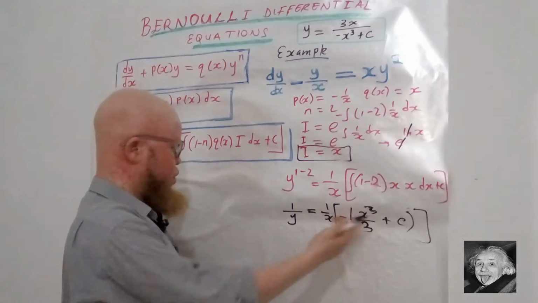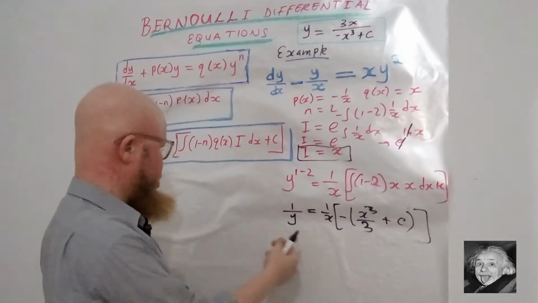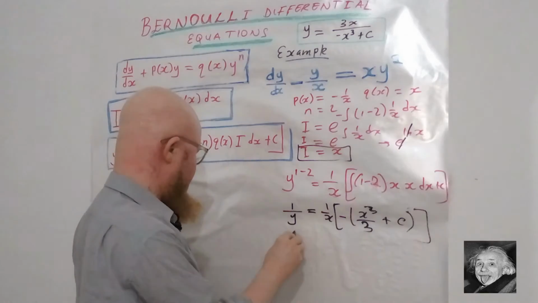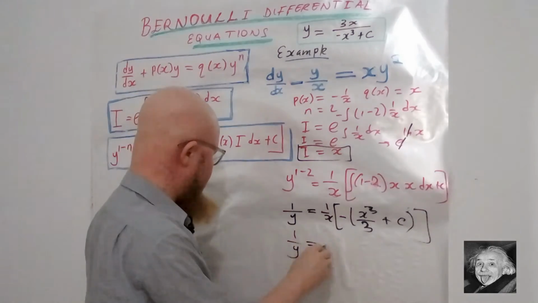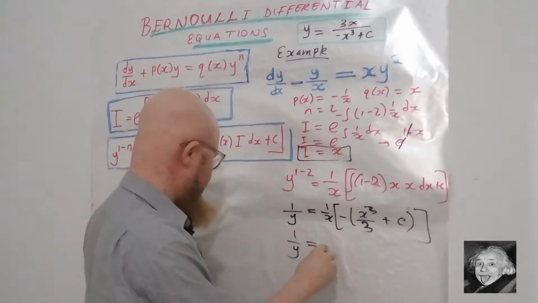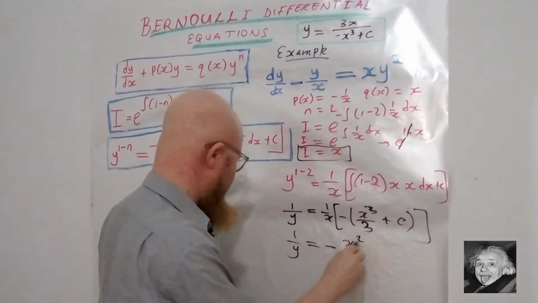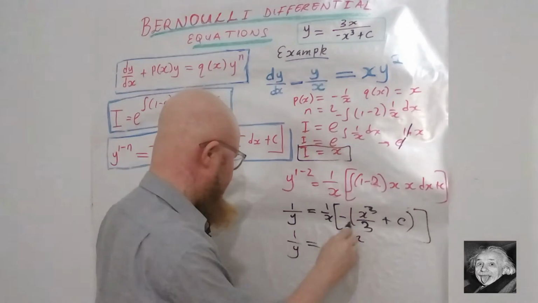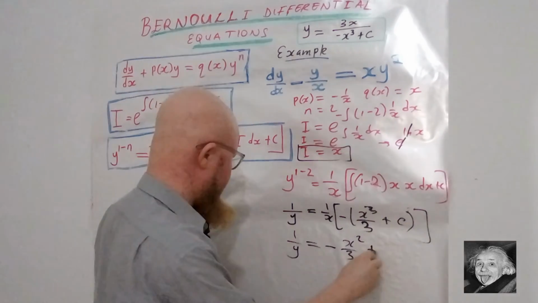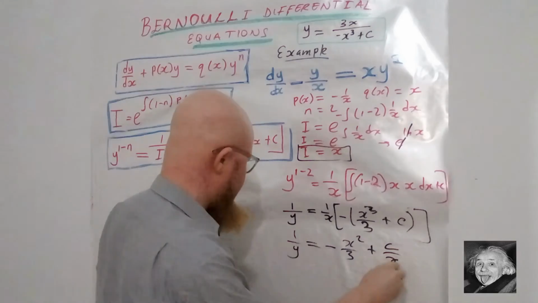Now what you need is to take the 1 over x inside. So 1 over y is equal to minus x squared divided by 3, plus c over x.